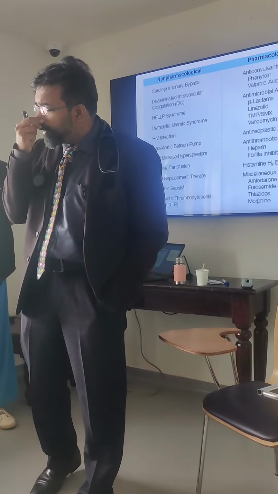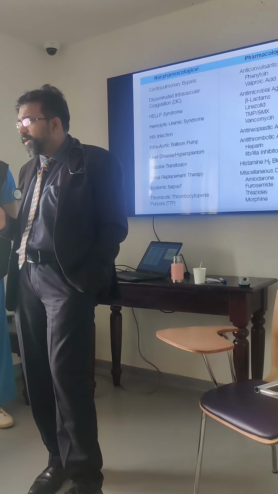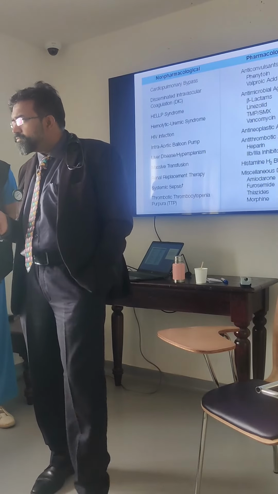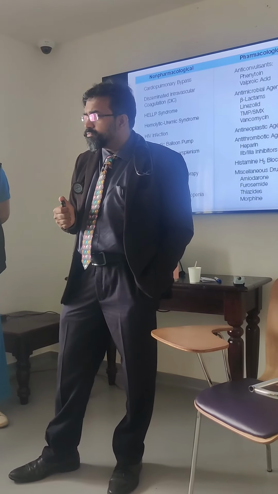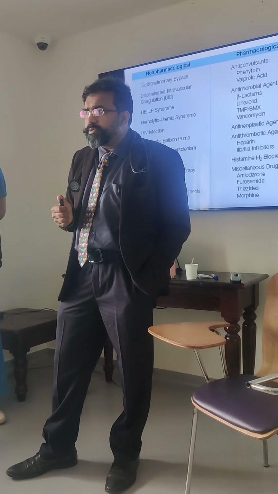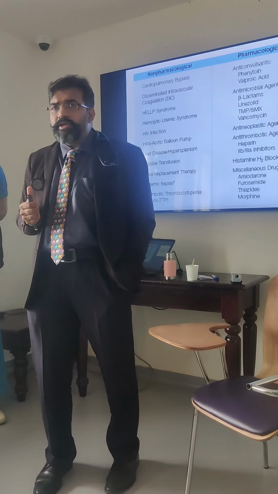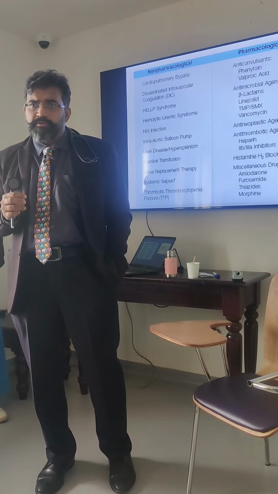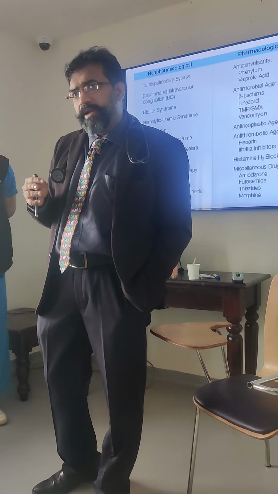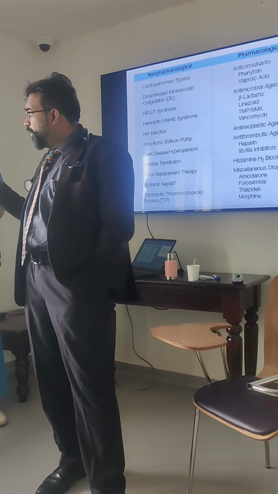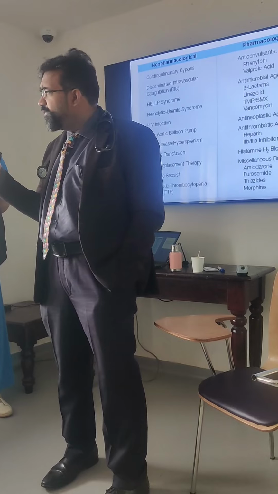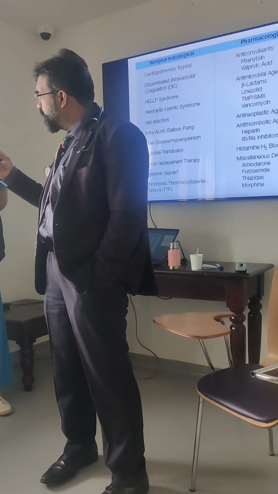Then the next thing I will do is a manual platelet count. Why do you want to do a manual platelet count? A manual platelet count tells you whether there is true thrombocytopenia. When you look at platelets in a laboratory with the analyzer, there is a phenomenon called platelet agglutination or platelet clumping.